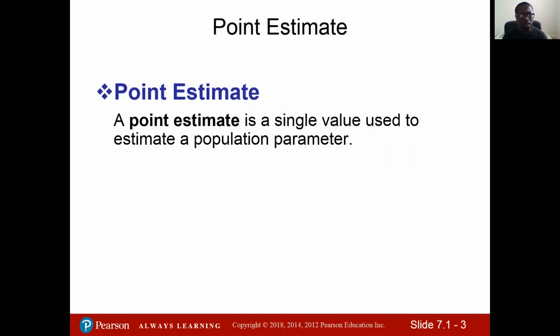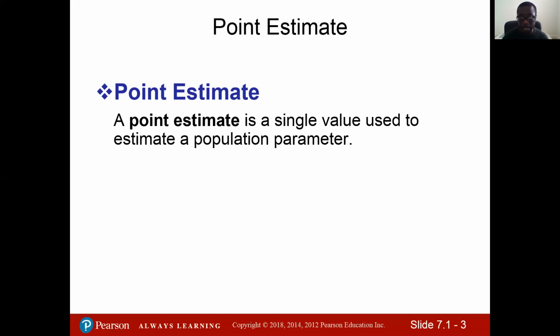So what is a point estimate? A point estimate is a single value used to estimate a population parameter. And from section 6.6.3, we know that some of these estimators are biased, some are unbiased. Those unbiased examples are the population proportion, sample proportion, the sample mean, and the sample variance.